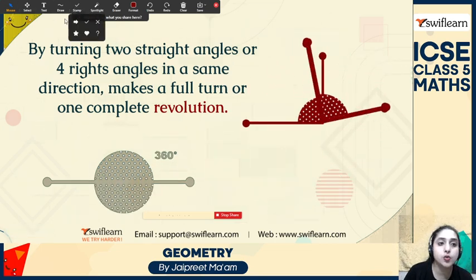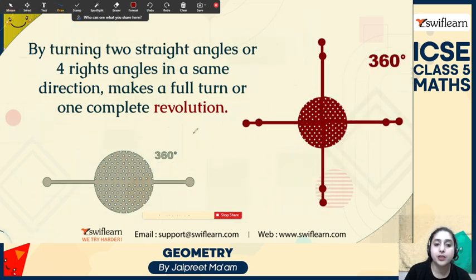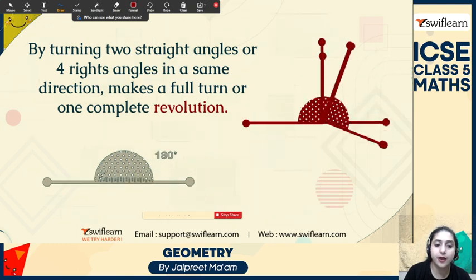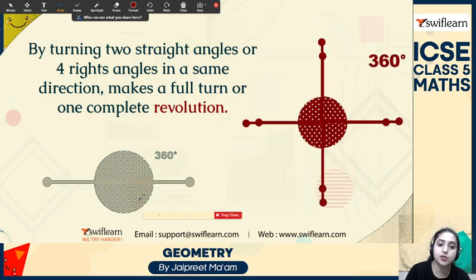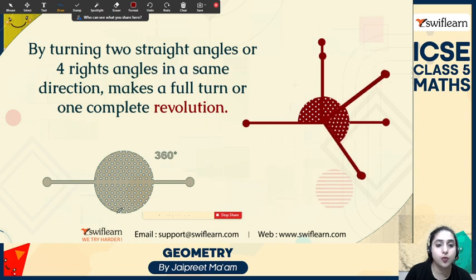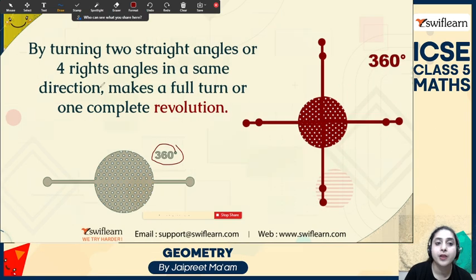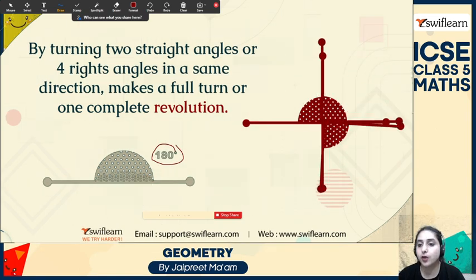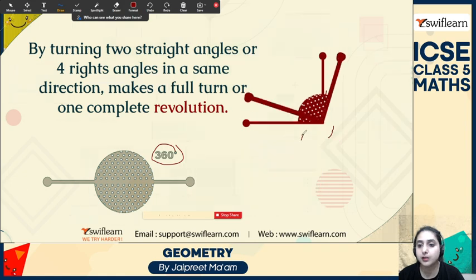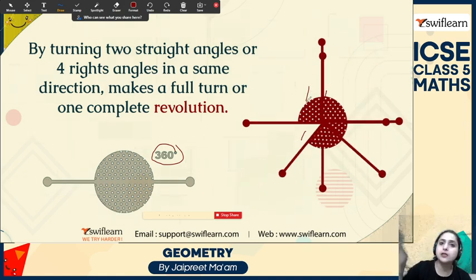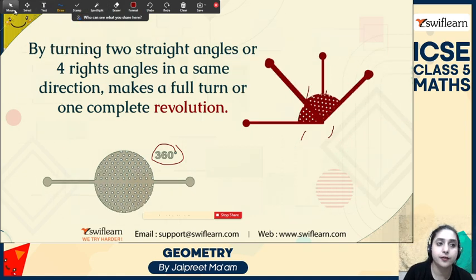Two straight angles, 180 and 180, make 360, and 4 right angles like this, 1, 2, 3 and 4. So this makes one complete revolution.